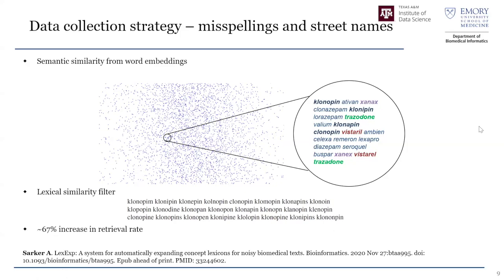After that, we first generate a set of possible candidates of misspellings from this, and then we just use a lexical similarity filter to filter out everything that's lexically dissimilar, right? That's such a simple and elegant mechanism of generating misspellings, and it's data-driven. It's not misspellings that are never used.